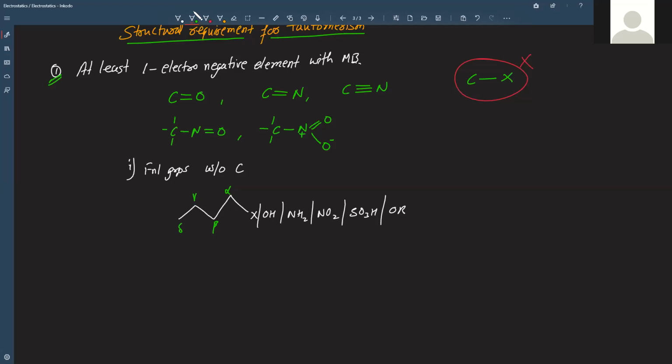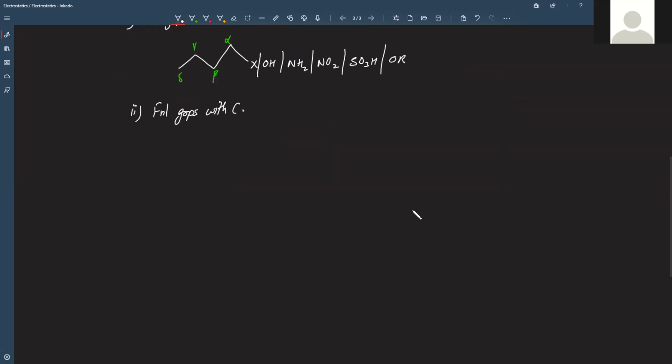Same way, there are some functional groups which involve carbon. Functional groups with carbon: what all functional groups are there where carbon is part of the functional group? So mostly you will find things like this.